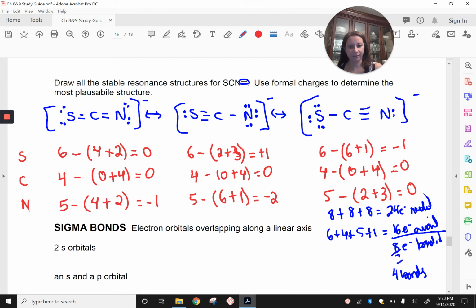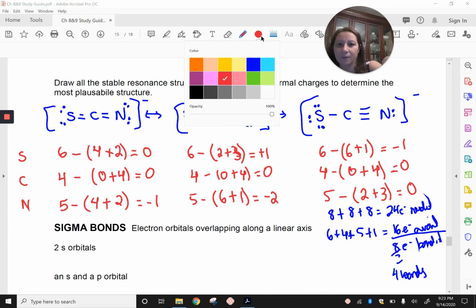So which one is it? Are there any that we can cross out? So based on these, let's see if we can cross one of them out. Well, I'd probably cross the middle one out. Go ahead and cross it in yellow here.